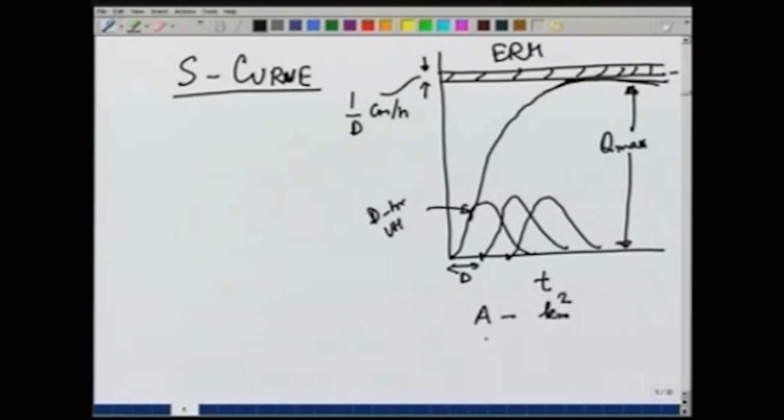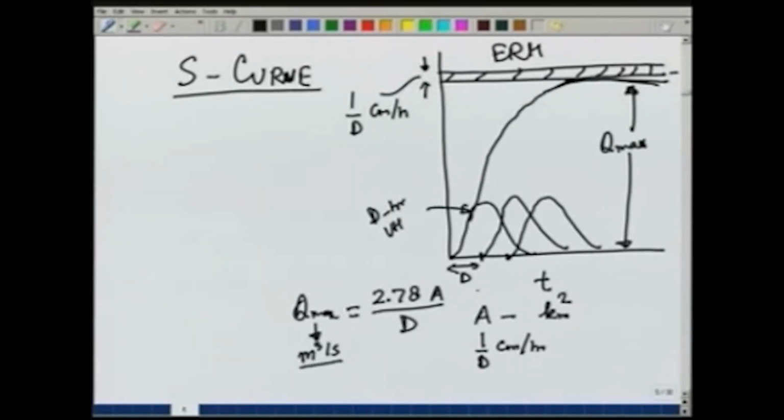and rainfall intensity of 1 by d centimeter per hour, then Q max can be given by a very simple expression in meter cube per second.